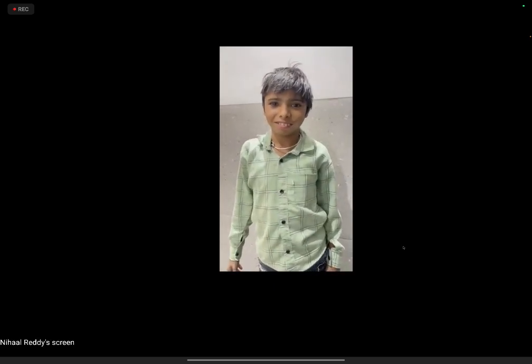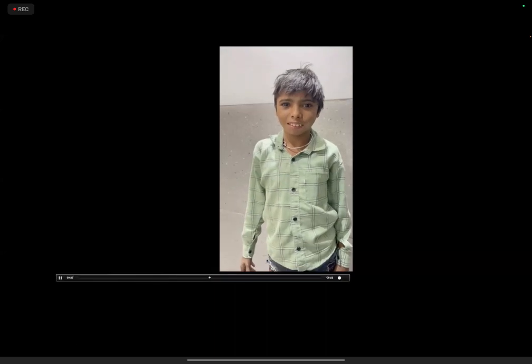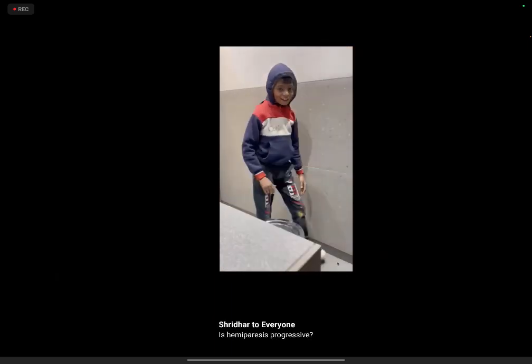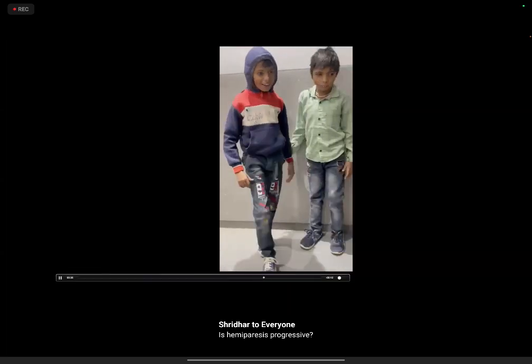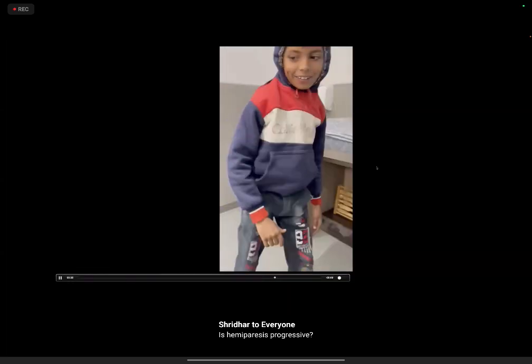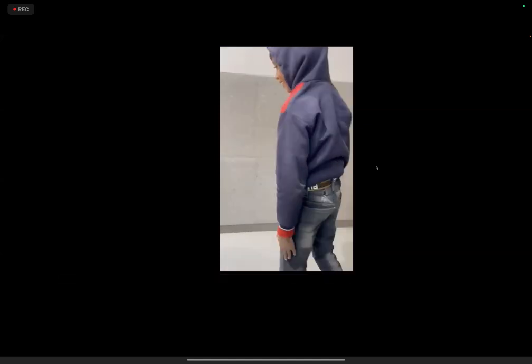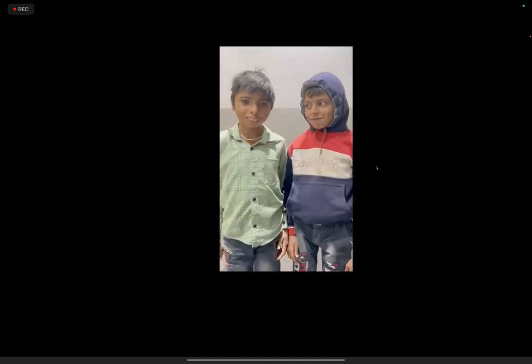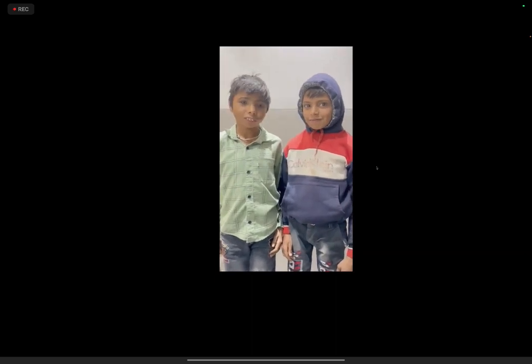Slightly coarse facial features, long nose, thin upper lip. And that's his brother, who looks similar, and again has hemiplegia. That one is 12 and he's 8, and they look so similar.